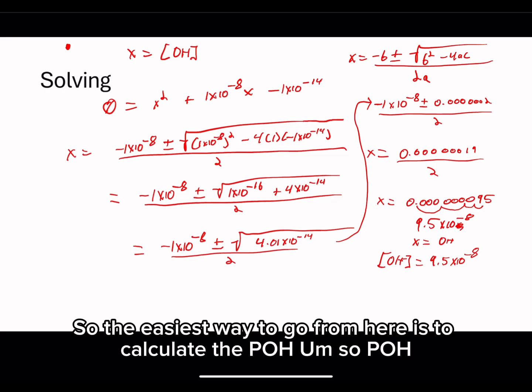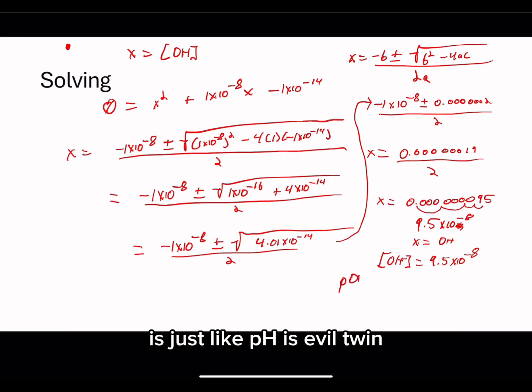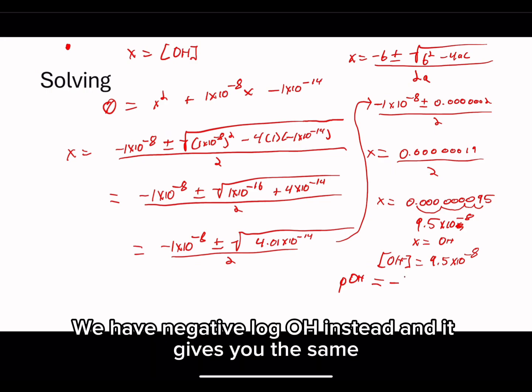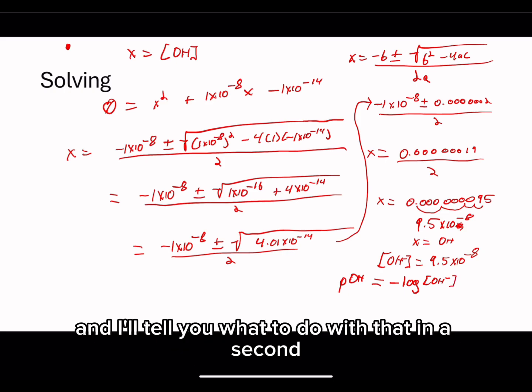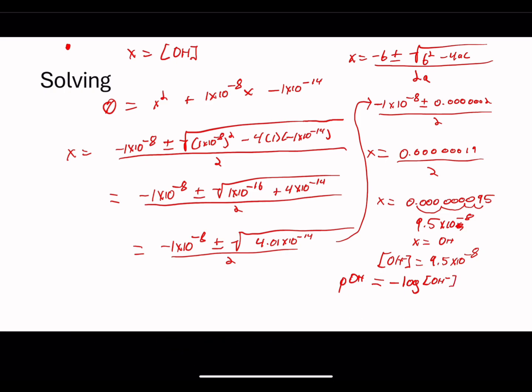So the easiest way to go from here is to calculate the pOH. So pOH is just like pH's evil twin. We have negative log of OH instead, and it gives you the pOH, and I'll tell you what to do with that in a second.